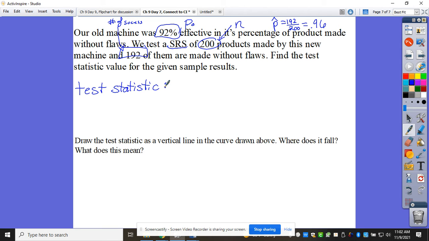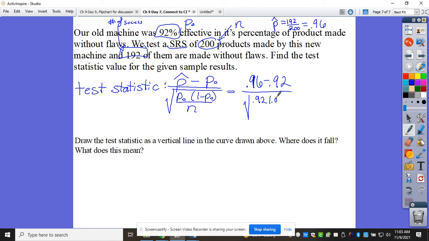So general equation, my test statistic would be what? P hat minus P naught divided by... So plugging in my numbers, P hat is what? 0.96 minus 0.92 divided by square root of 0.92 times 0.08 over n.